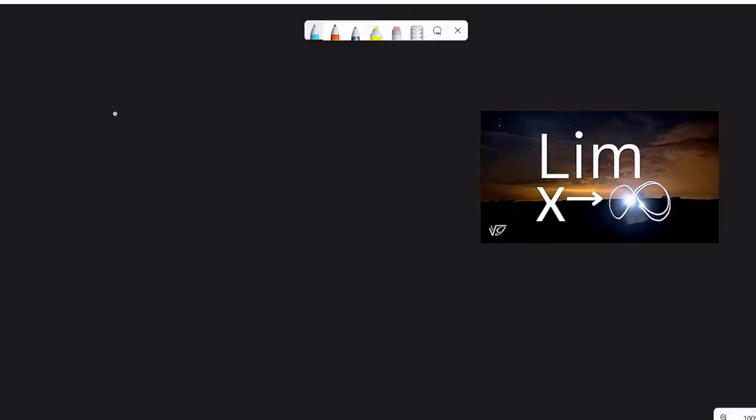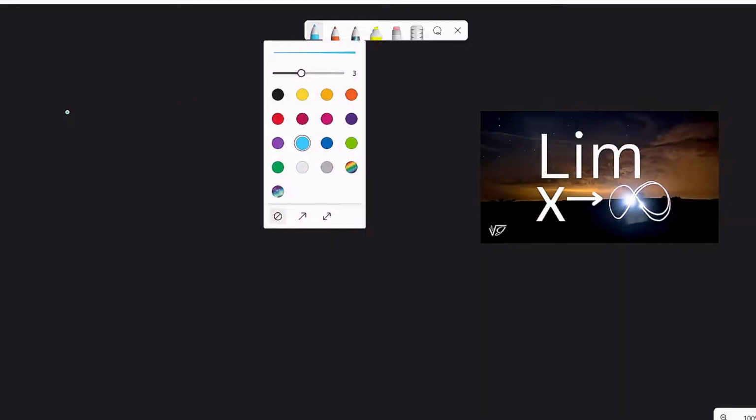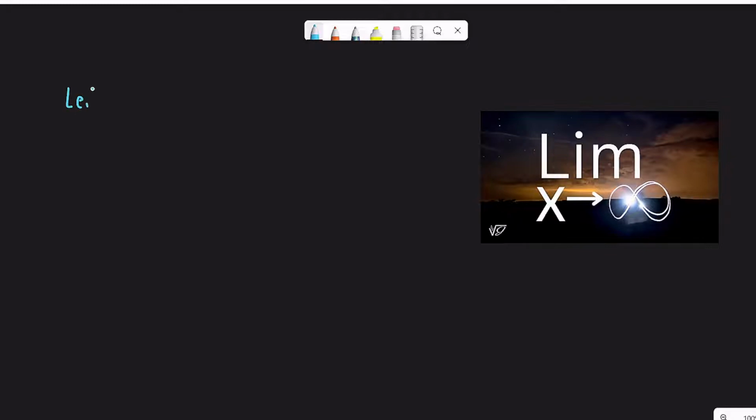Now, the first thing I want to go over is the notation for the derivative. There are several different notations, but I'm going to focus on two of them. The first one is the Leibniz notation, which looks something like this.